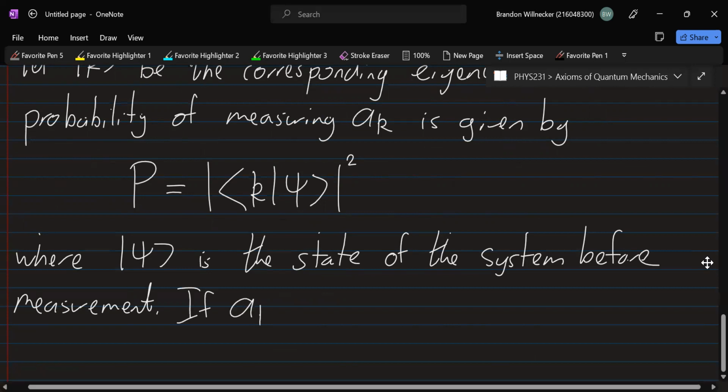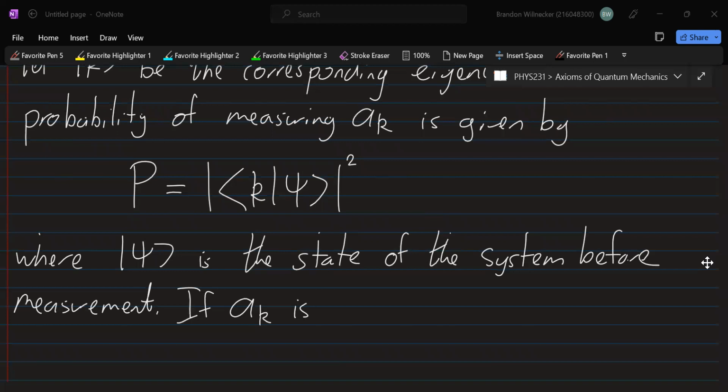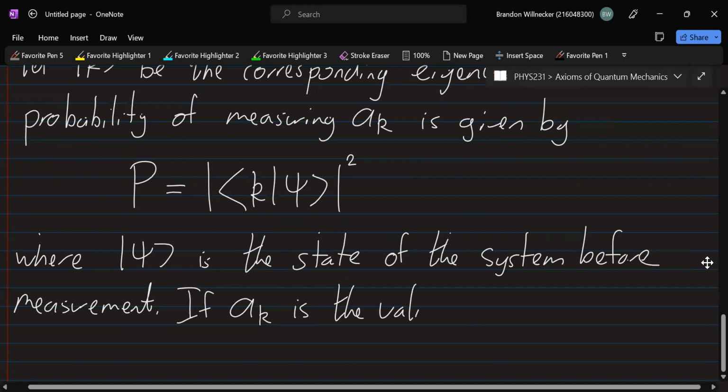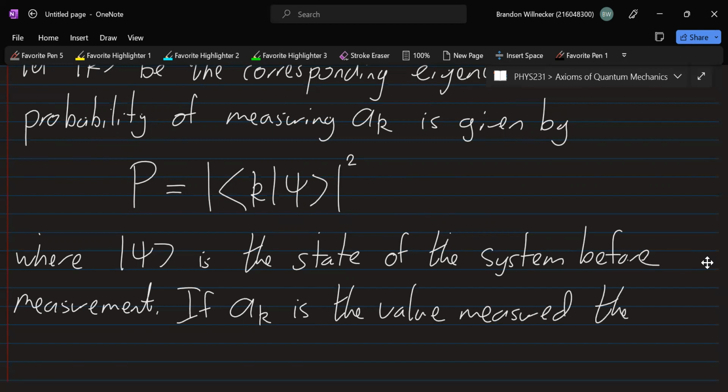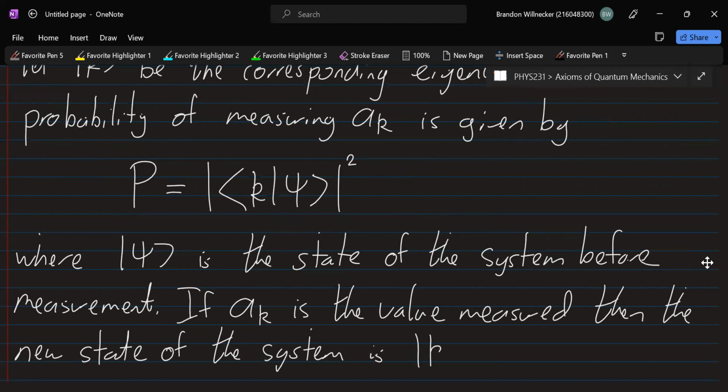So if A_k is the value measured, then the new state of the system is the |k⟩ vector, the eigenvector corresponding to that eigenvalue A_k.